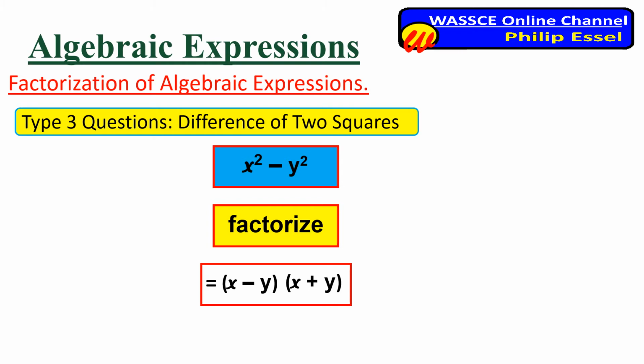So when we factorize the difference of two squares, x squared minus y squared, our final answer would be all in bracket x minus y, bracket closed, times all in bracket x plus y, bracket closed. As simple as that. So let's apply this simple principle or concept in solving some examples.